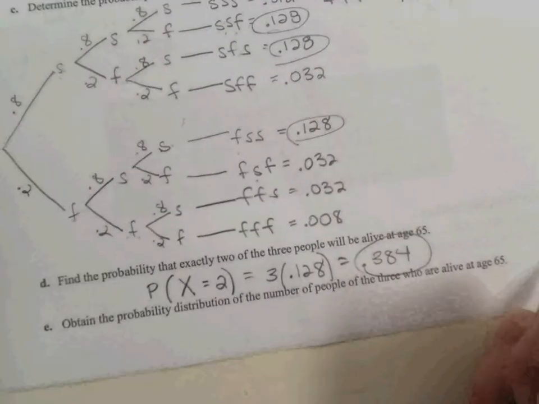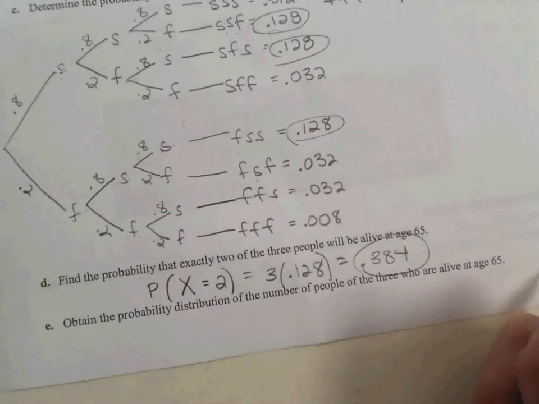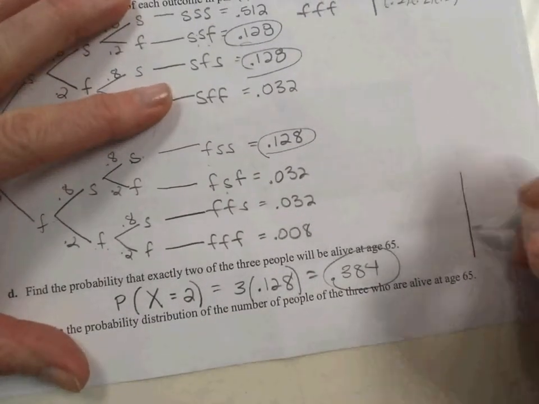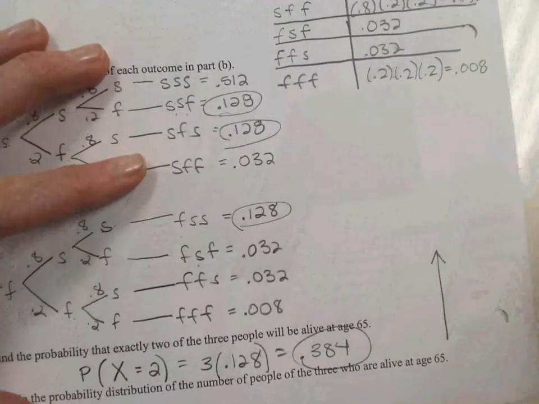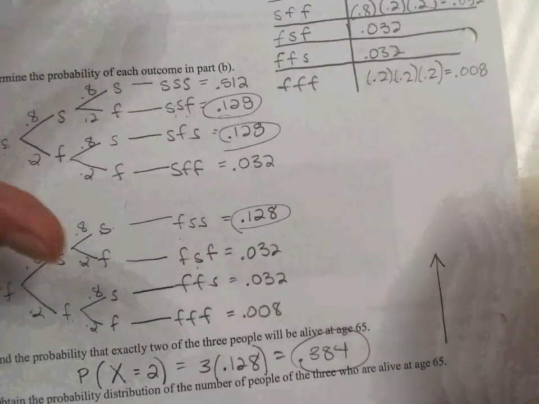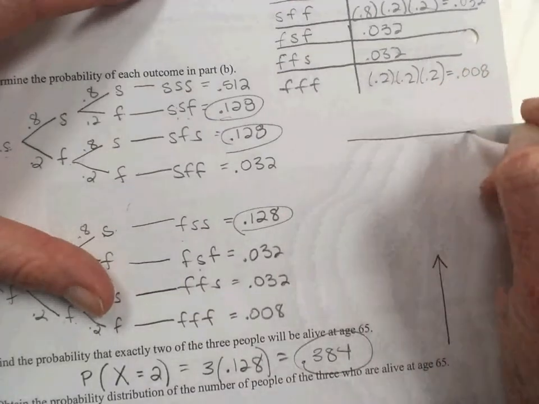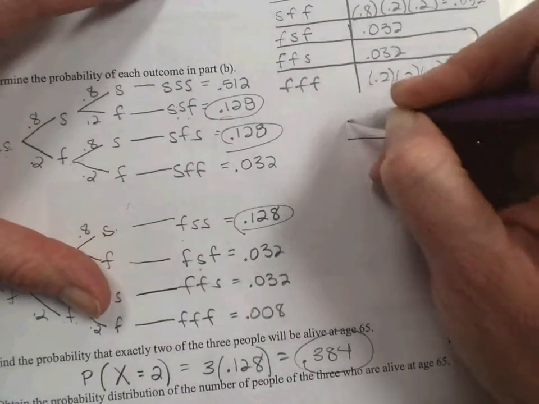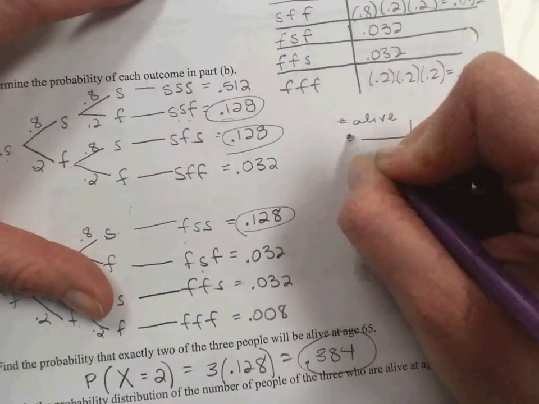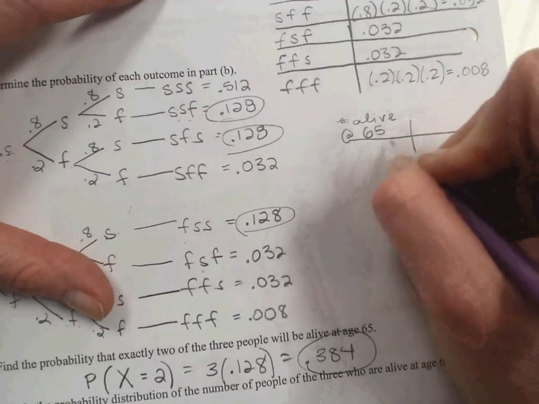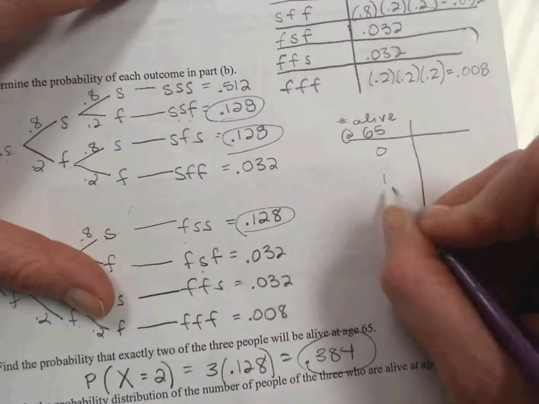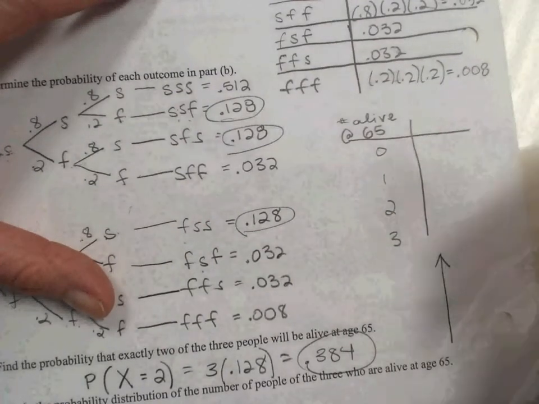Part E says obtain the probability distribution of the number of people of the three who are alive at age 65. There's not space to draw that, but this is closely linked to what we did yesterday, probability distributions. We're going to do the number alive at 65. This is our random variable X, and these values, there's either 0, 1, 2, or 3 alive at 65.